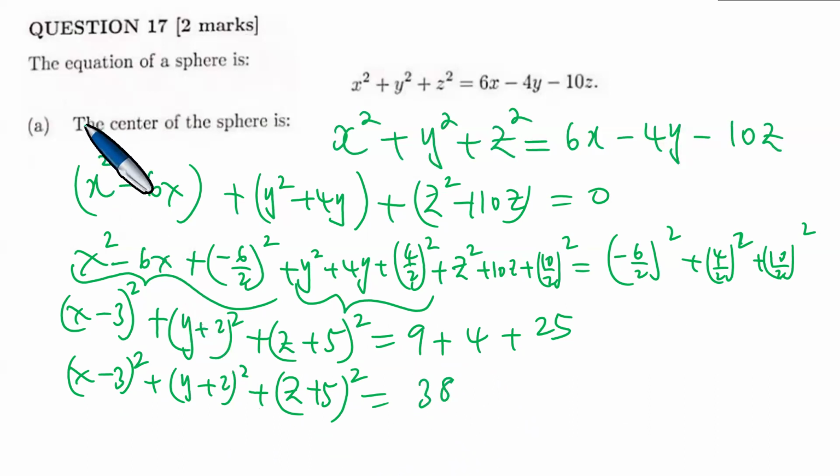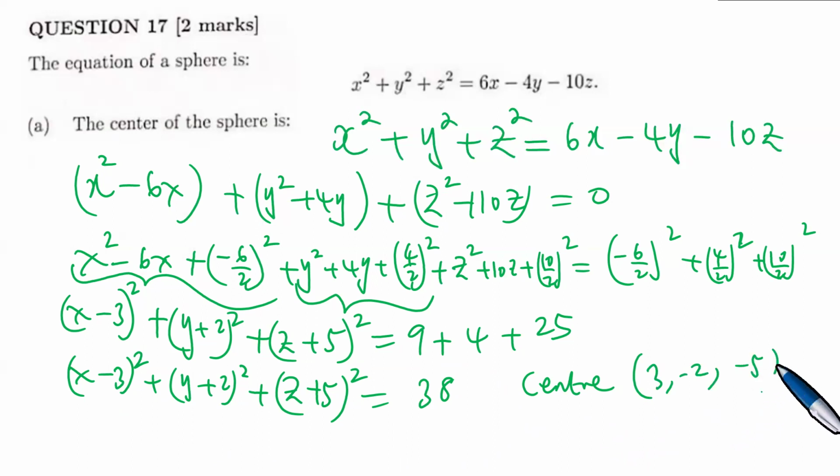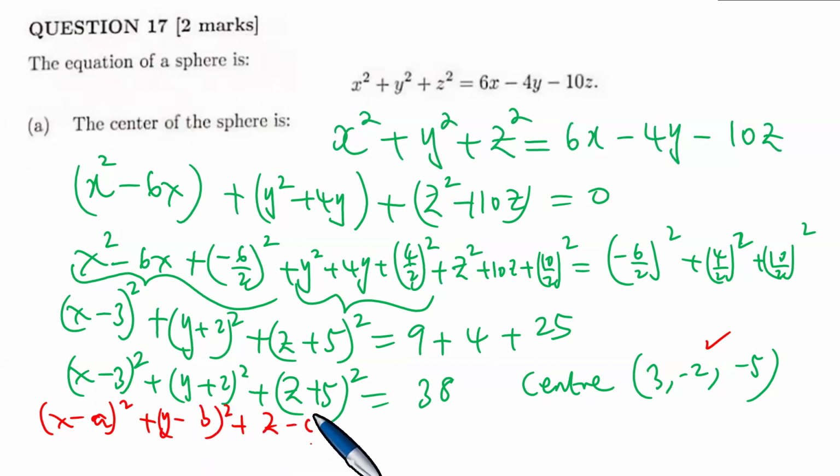Right, we have 38. What is the center? We're able to see therefore that the center is 3, -2, -5. So to get the center, you're able to realize that we just take the opposites of this, because in general, the center of x minus a squared, y minus b squared, z minus c squared equals r squared is a, b, c.